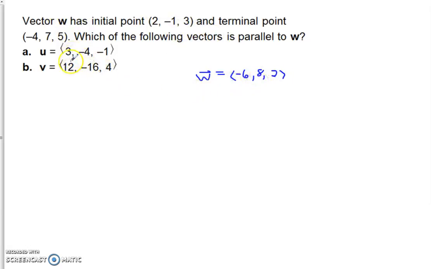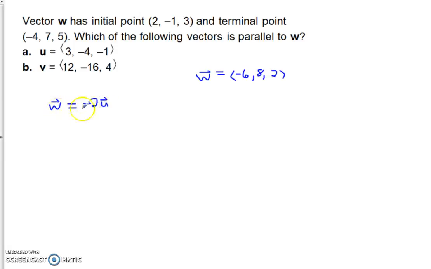Now, is either one of these, if I multiplied w by some number, would I come up with u or v or vice versa? So if I look at this carefully, vector w is equal to, well, take the first one by, looks like -2, I'll get that. I take that by -2, I get that. Yeah, it's -2 times vector u.